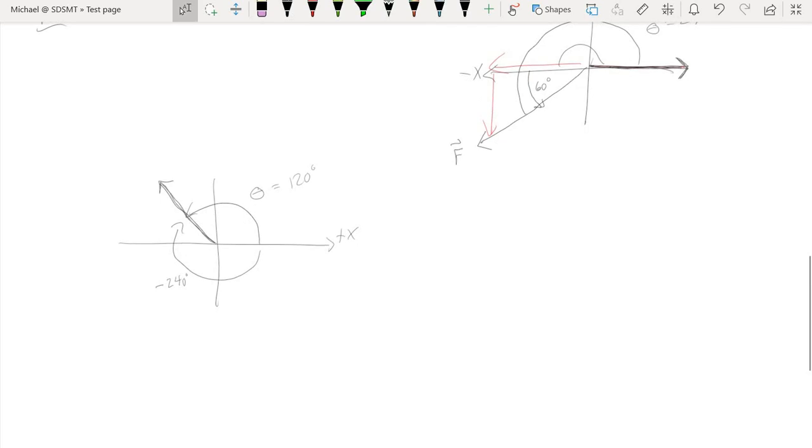And in a lot of those homework questions, the system will tell you that only values between plus and minus 180 degrees are valid. So any angle that you enter has to be between positive and negative 180 degrees.